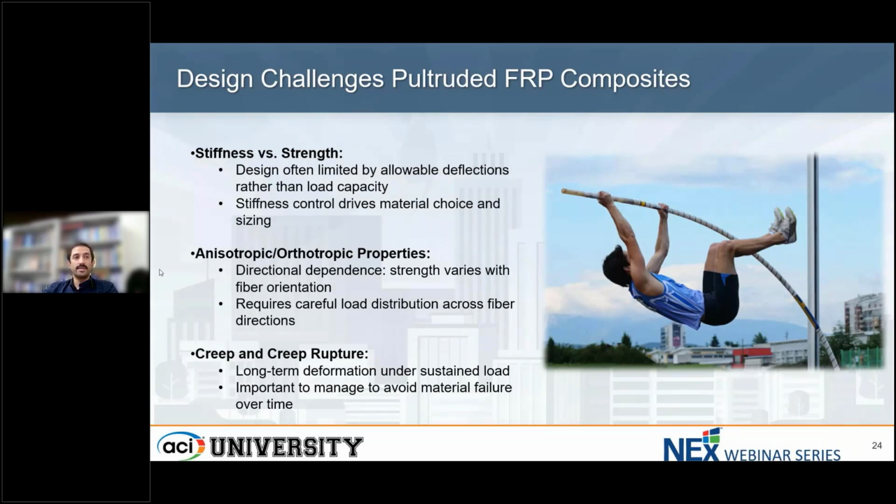It has high strength along the fiber direction, but significantly lower strength in other directions. So we have to be mindful of load distribution along the fiber and the cross shape. And finally, creep and potential creep rupture present long-term challenges. FRP can deform under sustained loads, potentially leading to failure if these effects are not accounted for in design.